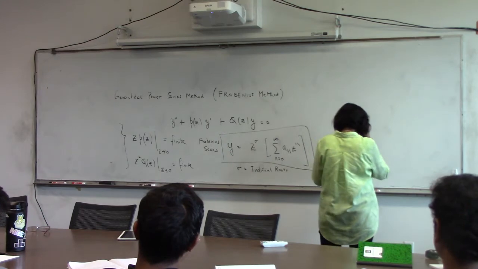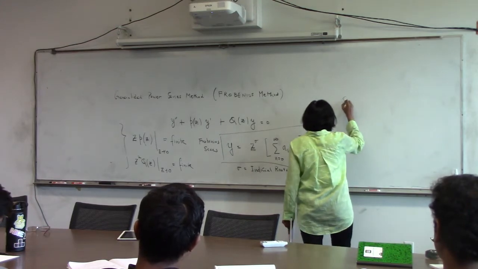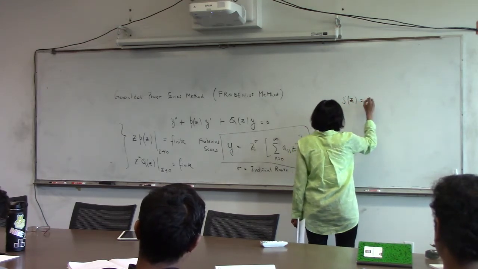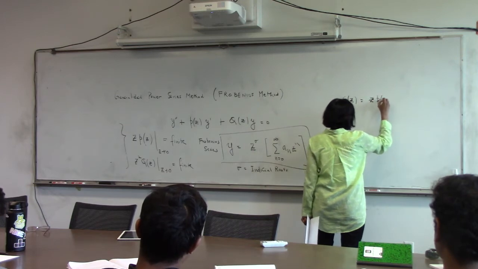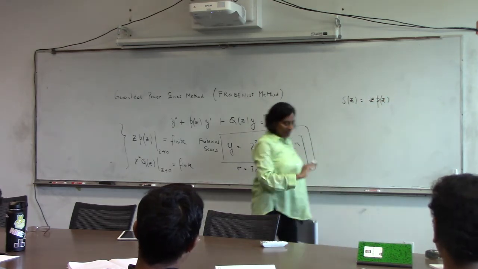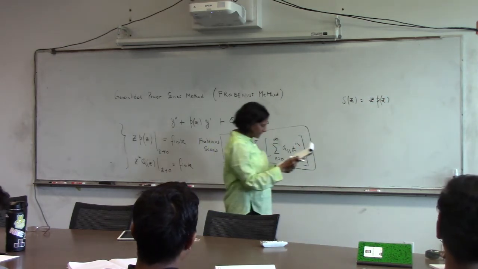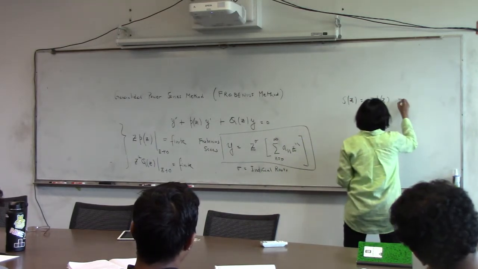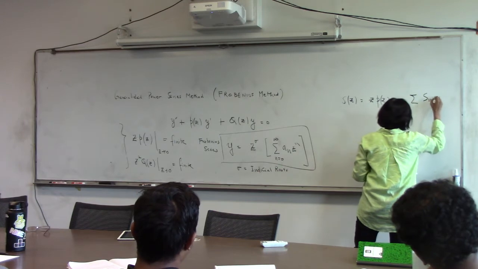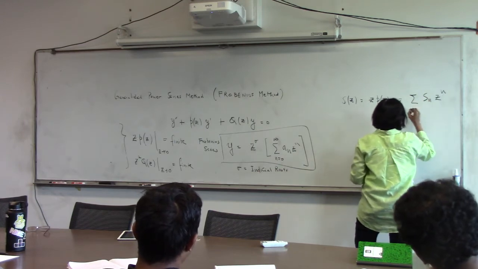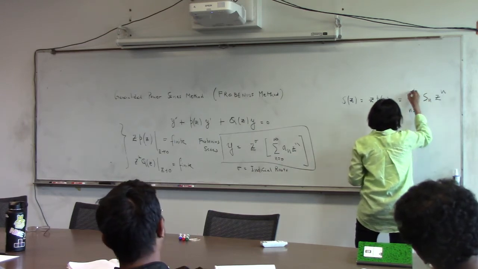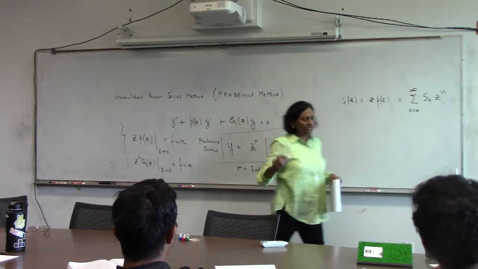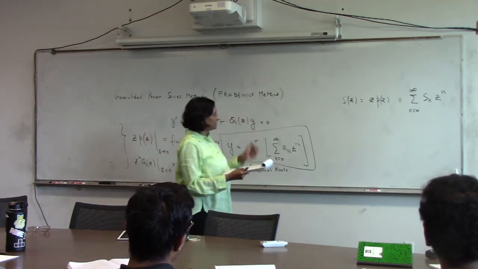Let me call this function, the product of z and P of z, and that is analytic. If that is analytic, surely I can write it as some coefficient times powers of z, expanding about z equal to 0, that is, z minus z naught, where z naught is 0.